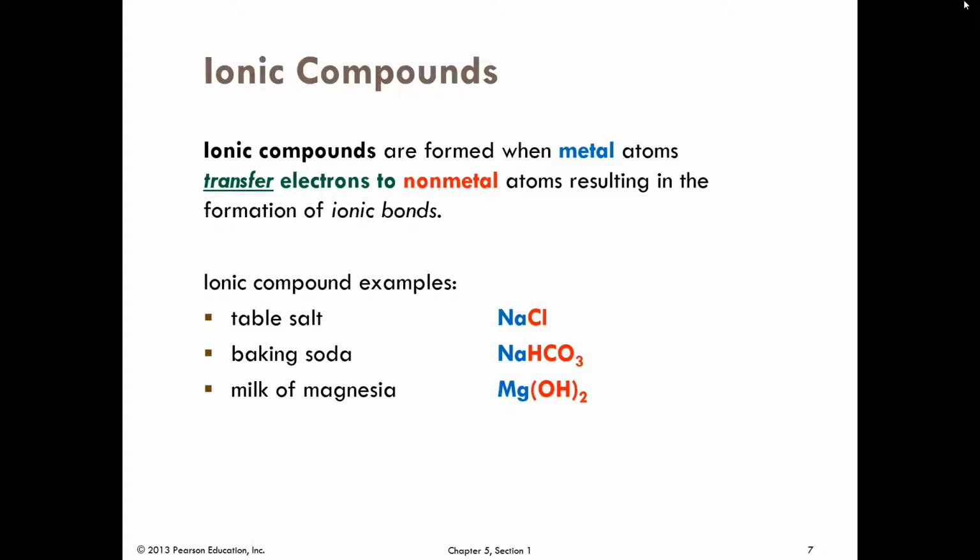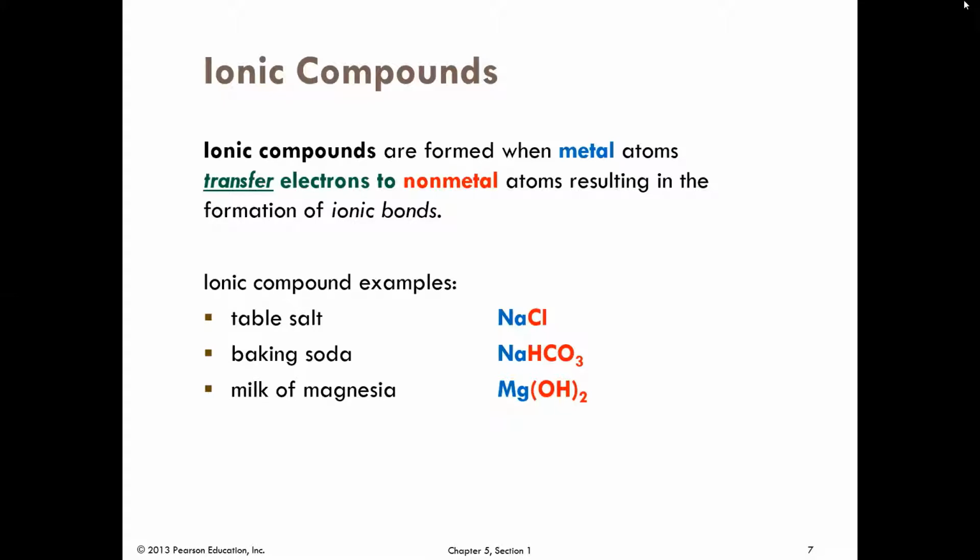Ionic compounds, on the other hand, are formed when a metal atom transfers electrons to a nonmetal atom. Okay, this is an ionic bond. So both of our atoms form ions. In this case, all metals are going to become positive ions because they are going to give away or lose an electron.